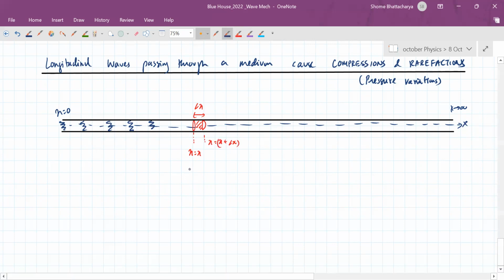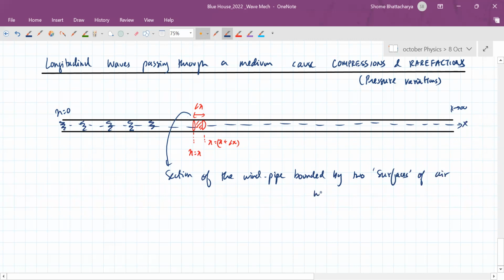So this is a section of the windpipe bounded by two surfaces of air with mean position at x equal to x and x equal to x plus delta x.